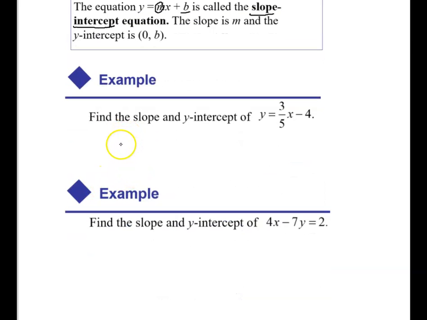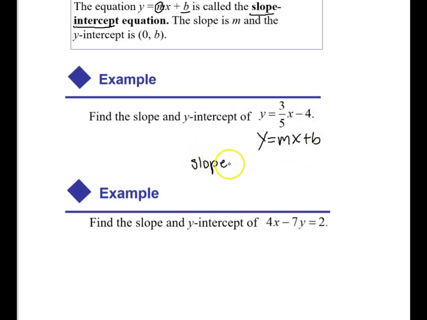So if we're asked to find the slope and the y-intercept here, the slope, remember, is m, and in this case, it's the number in front of x.